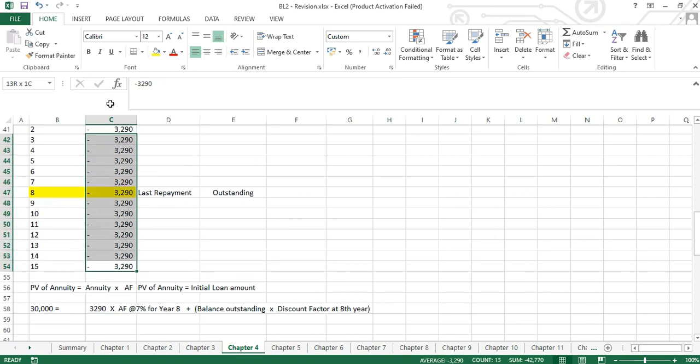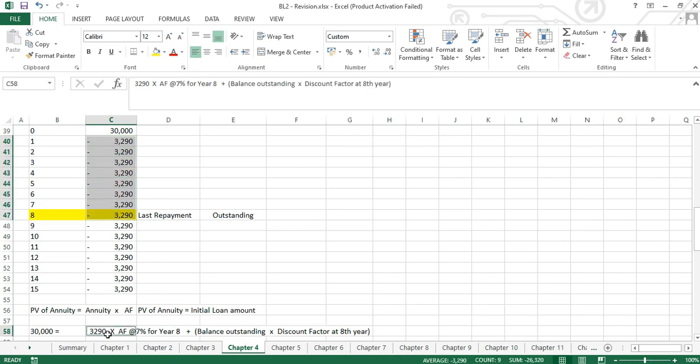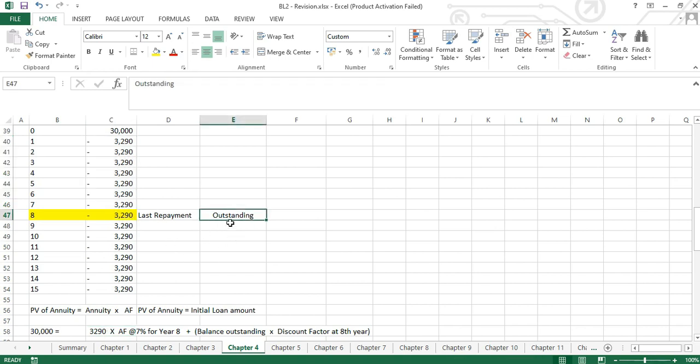This annuity of 15 years has been divided into two parts. The first part is up to 8 years, reflected by this formula. The balance part is the balance outstanding at year 8, whose present value will be equal to the initial loan amount.